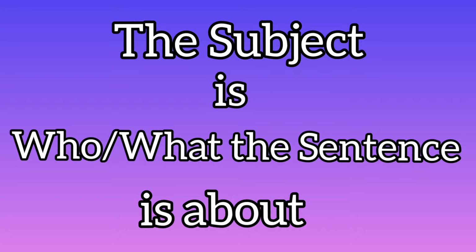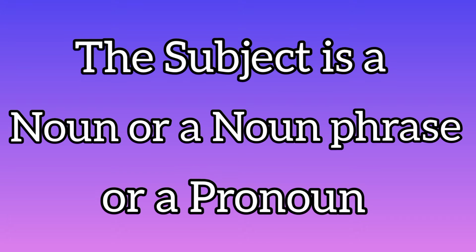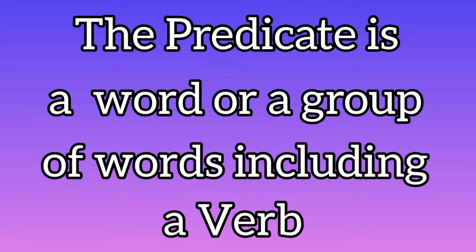In other words, the subject is a noun or a noun phrase or a pronoun about which the sentence says something. So the subject is the most important part of the sentence. But remember, it is either a noun or a pronoun.